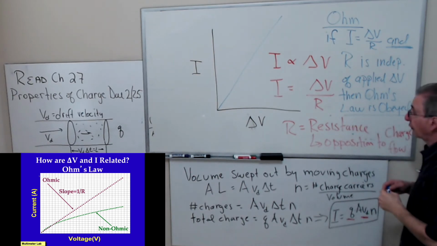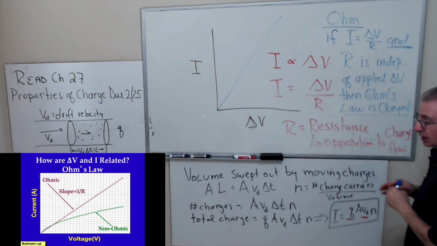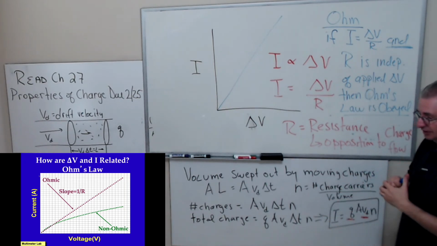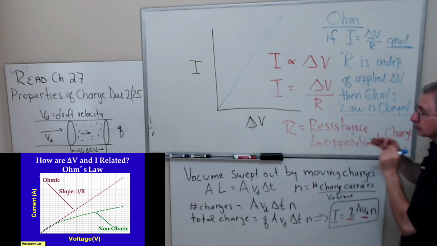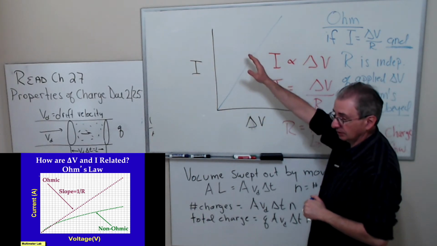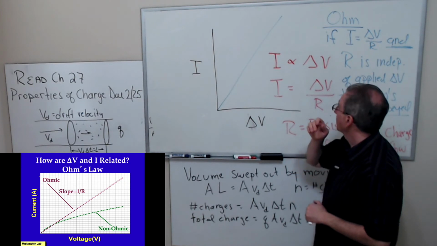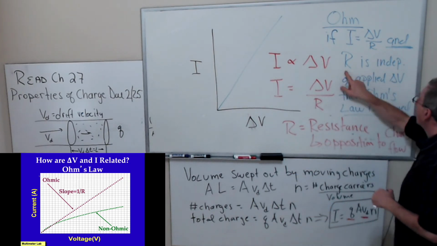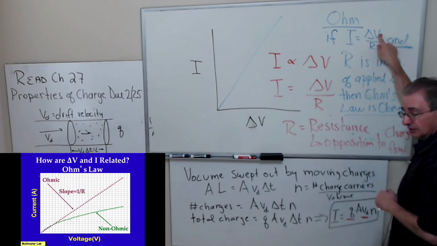So what a lot of people forget when they talk about Ohm's law, and even electrical engineers will forget this, not all of them, but some of them, is that Ohm's law says that this relationship is linear, and R is the same no matter what delta V is.